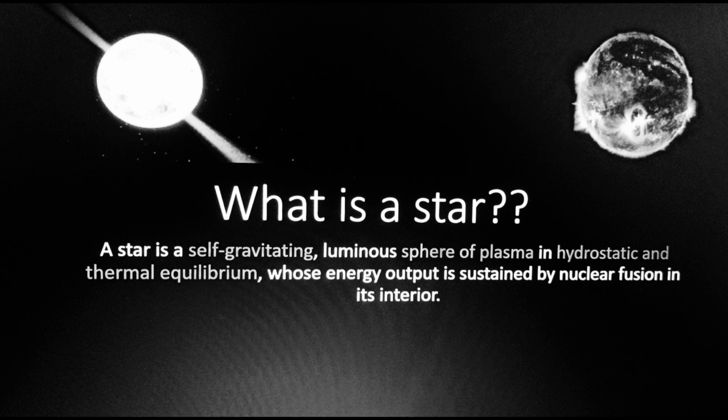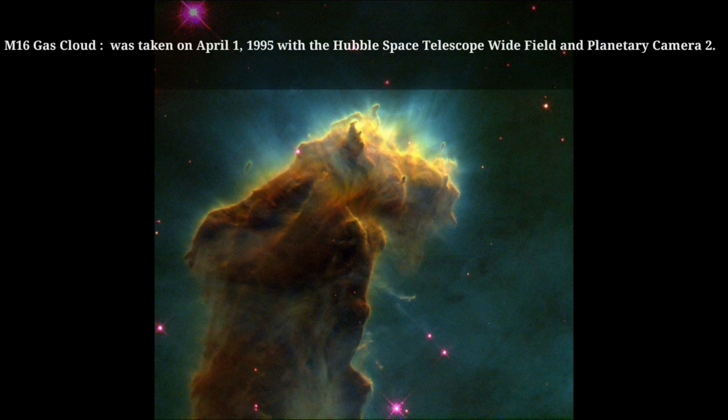Basically, a star is formed when we have large clouds of gas. Actually, all the stars are made from these large clouds of gas, and some stars are made from not so large clouds of gas.